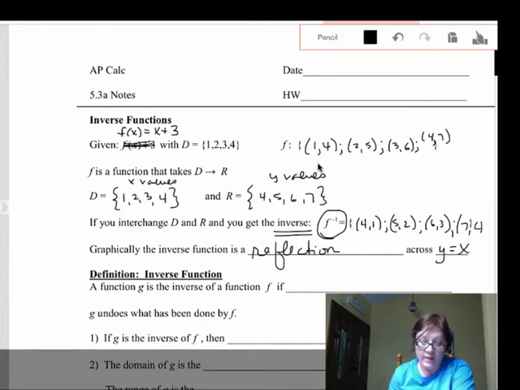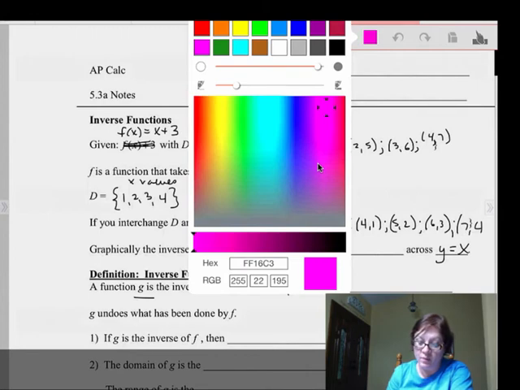And so now, by definition, a function g is the inverse of f if and only if, so this should be 3 f's, because that's how I say if and only if. We'll write that there once just so you remember what it says.